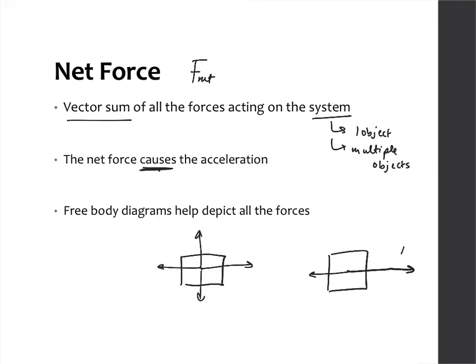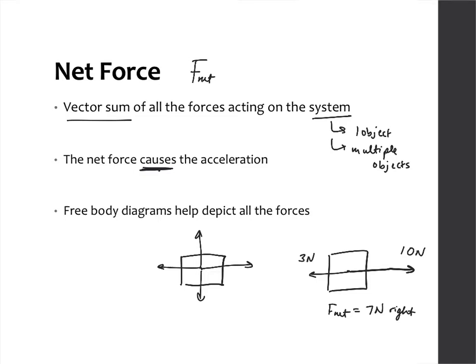So if you have 10 newtons going here, and 3 newtons going over here, then your net force will be 7 newtons to the right. So you need to take into account magnitude and direction.